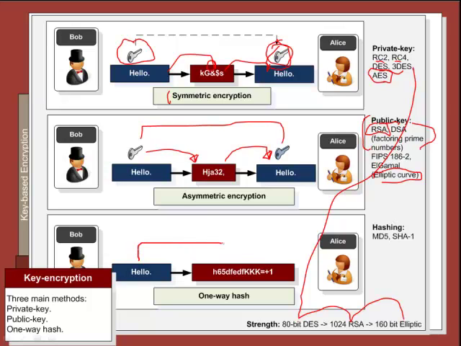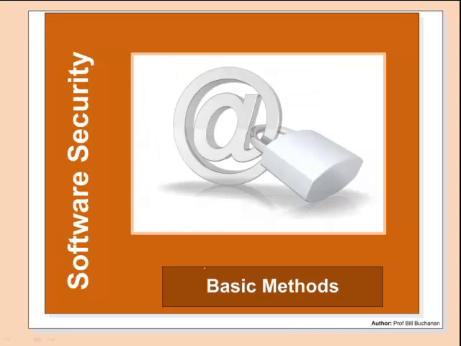The last method that we have is a one-way hash where we can take some plain text and then make it into a ciphertext, and it shouldn't be possible to reverse it back again. This is often used to create a digital fingerprint or signature of data. So here we have the main three methods that we use: symmetric, asymmetric and one-way hash.